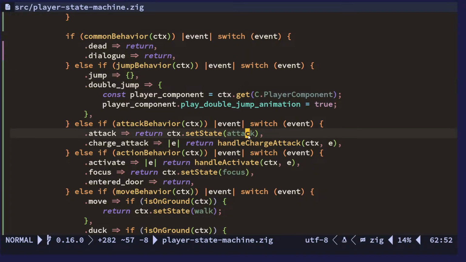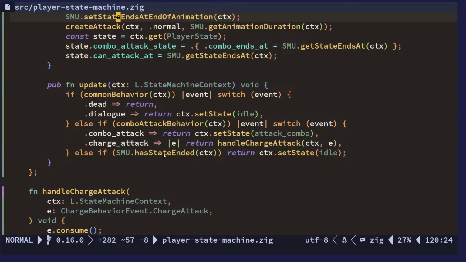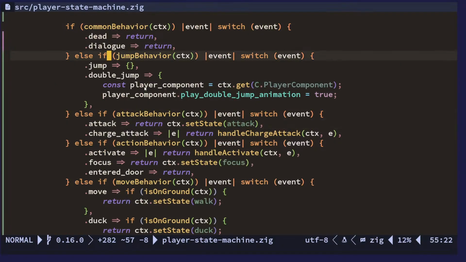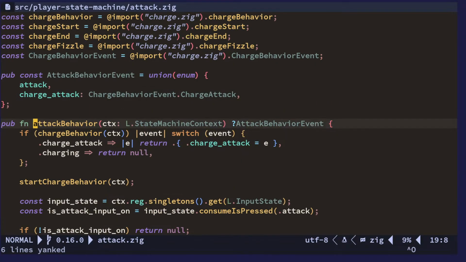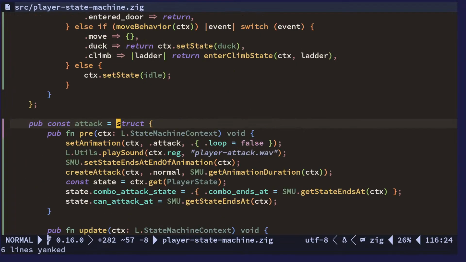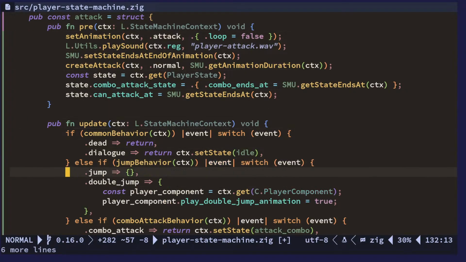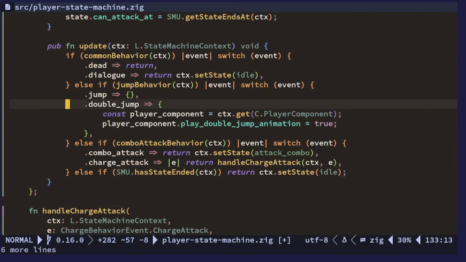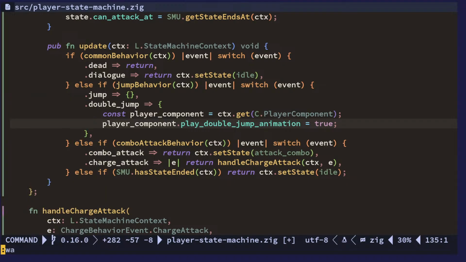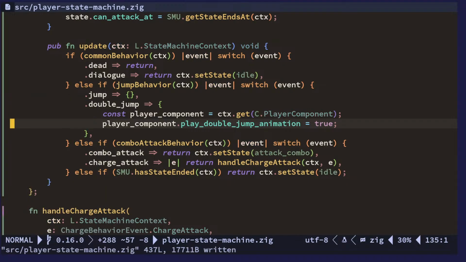Right, because then we set the state to attack, and then we don't have the jump behavior. Oh. So we should have the jump behavior here. Because you should be able to jump while attacking, I think. And we could also add the move behavior as well, so then you can actually move while attacking.